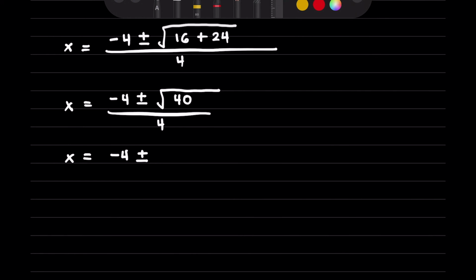Kasi wala tayong number na kapag minultiply mo by itself, whole number I'm referring to, makakakuha tayo ng 40. So walang ganon. So ang gagawin natin dyan is hanapin natin yung factors ng 40.